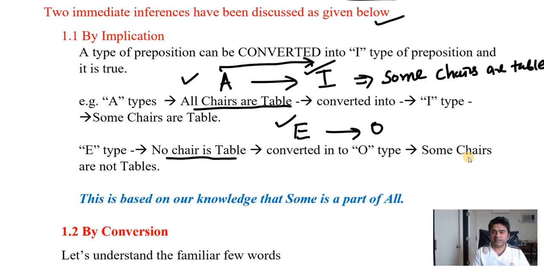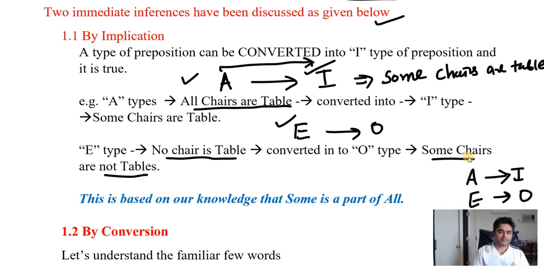This is based on our knowledge that some is a part of all. So this method is known as converted. In converted method, remember, you can go from universal affirmative proposition to particular affirmative proposition and universal negative proposition to particular negative proposition, then it is known as converted. So the first method for the immediate conclusion making is converted.